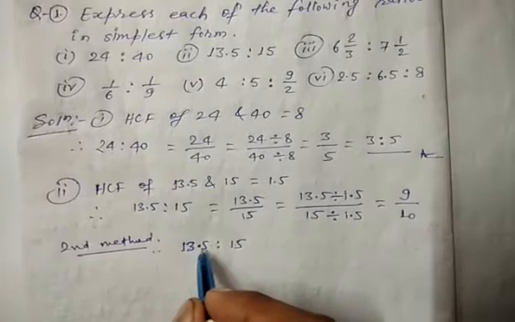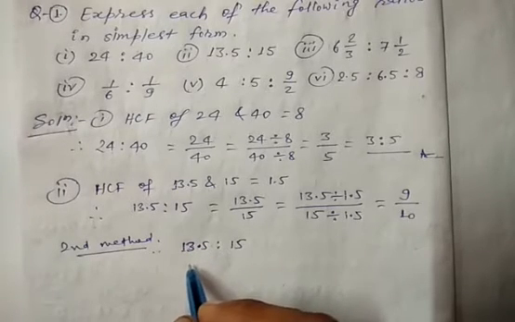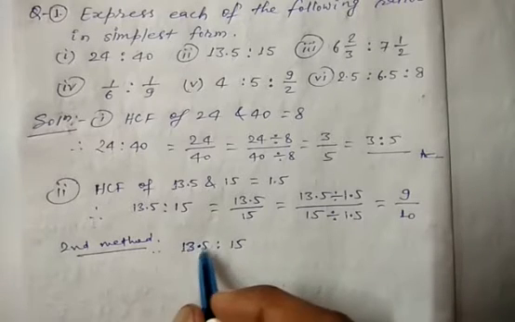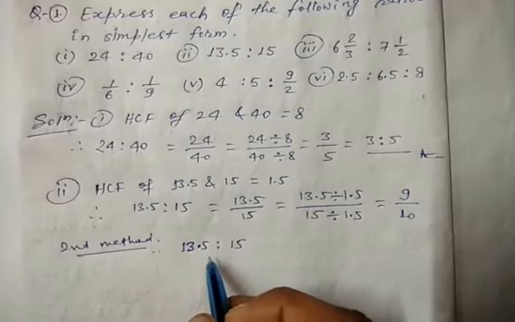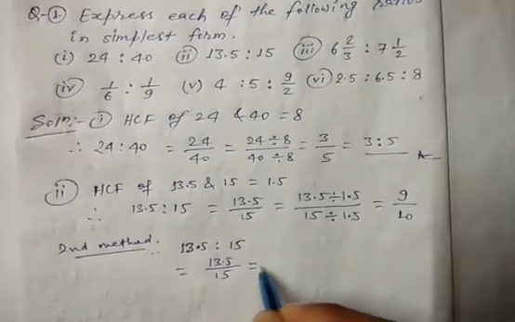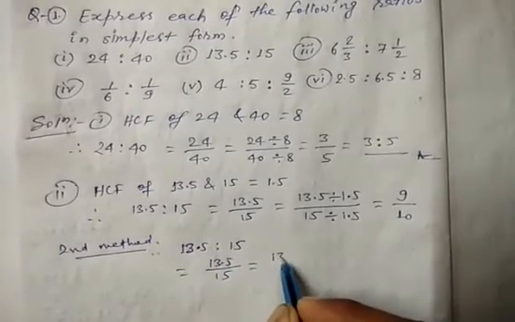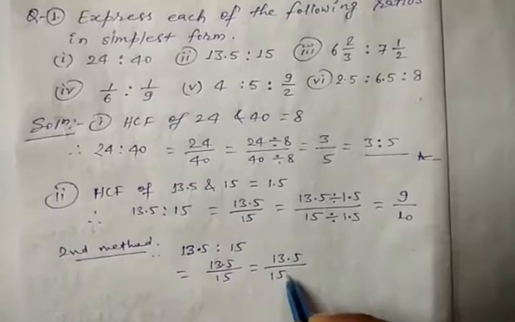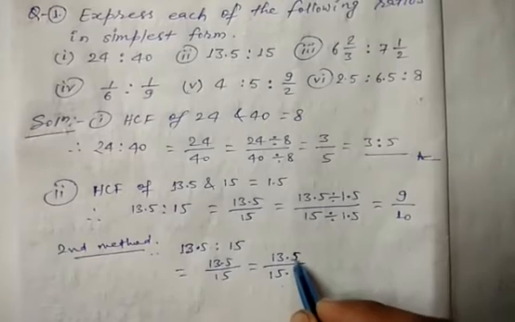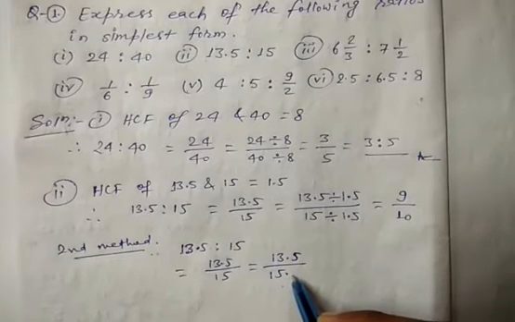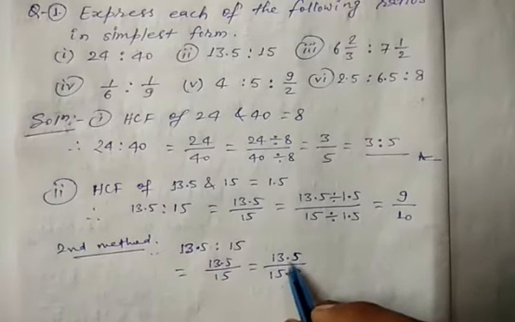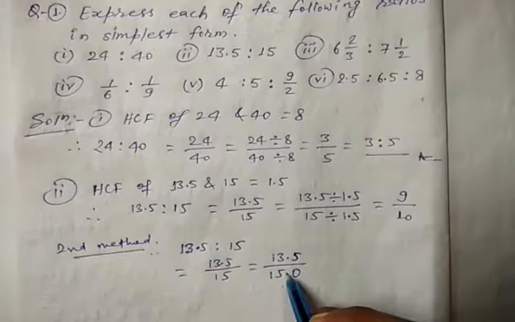Here this term is in decimal form, so we first convert this term into fractional form as 13.5 by 15, which is equal to 13.5. Here we see that there is one digit after the decimal, so we put 10 under the decimal. Then the decimal is cancelled by this decimal.